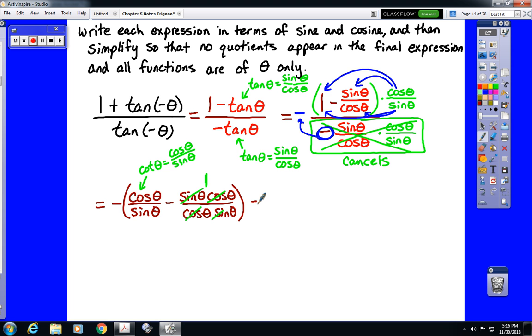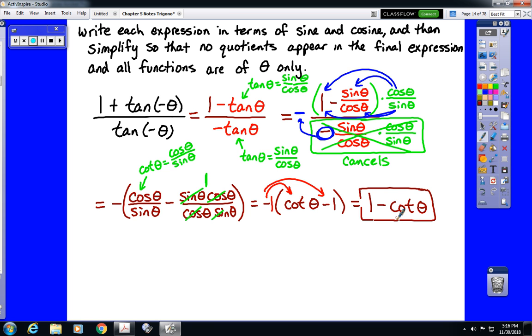So right now we have negative cotangent theta minus 1. All we need to do to finish this up and make it a little bit better is distribute that negative through this parentheses, which is really like distributing negative 1, and would turn this into 1 minus cotangent of theta, because it would make cotangent negative and 1 positive, allowing me to switch them around.